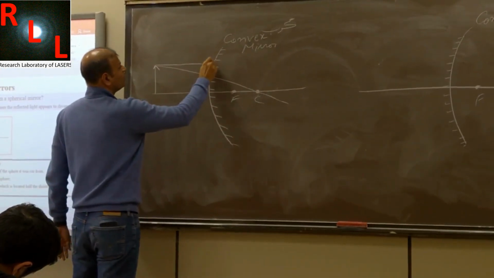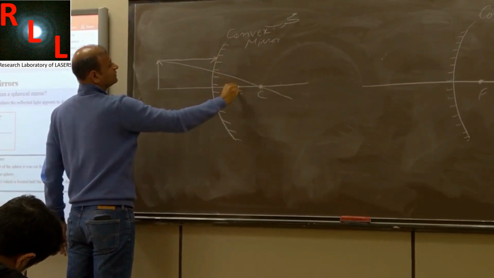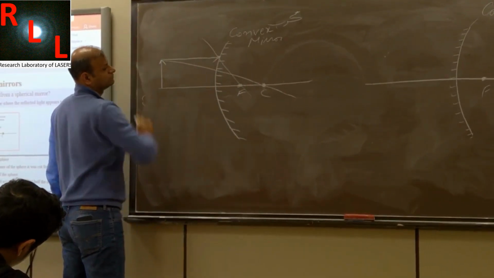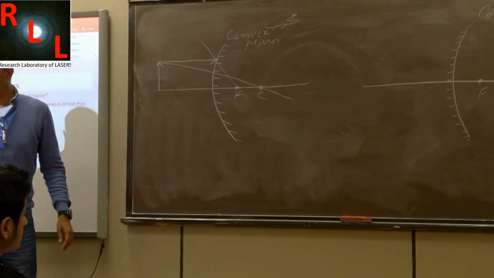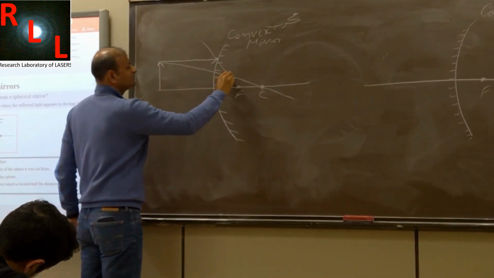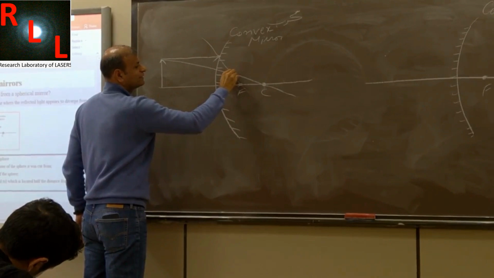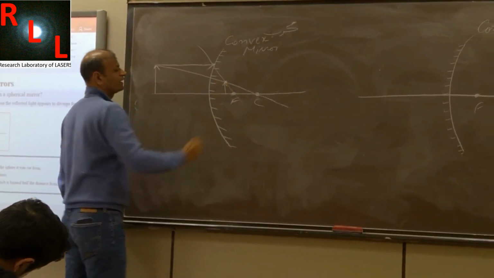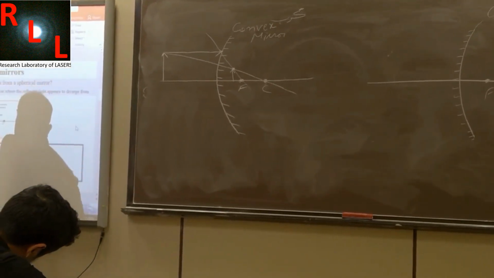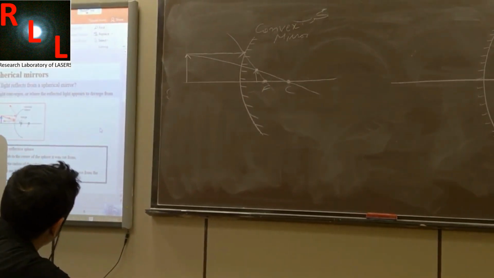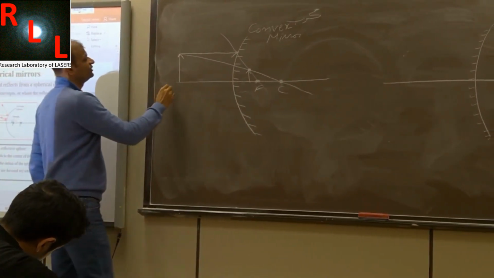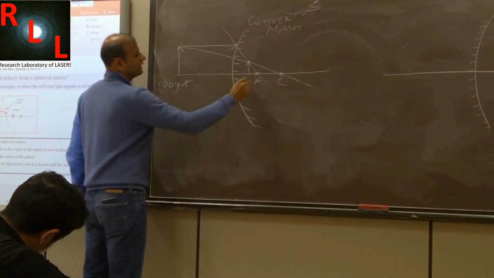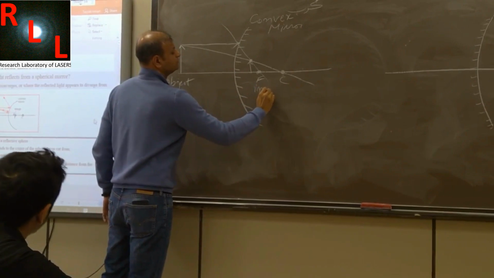One line we draw here, which cuts this parallel line, that is from the focus. Where they intersect each other, here we find the image. So this is the object, and this one here is the image.